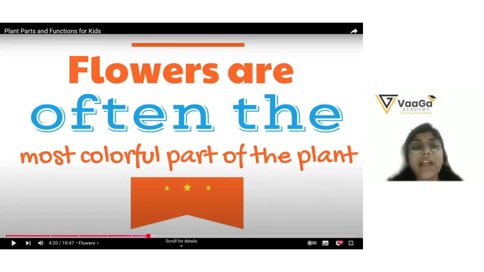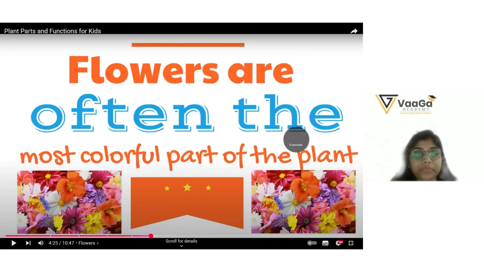Some flowers are purple in color. Some flowers are white in color. So every flower has its own different color. When we see the plant, what we see as colorful are the flowers. So flowers are the most colorful part of the plant.